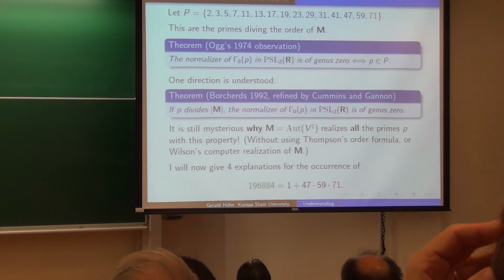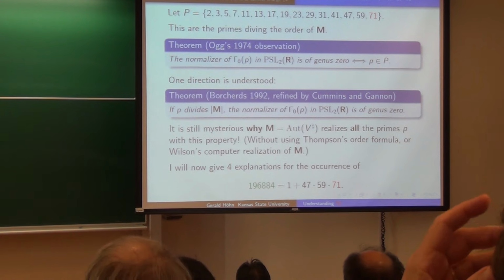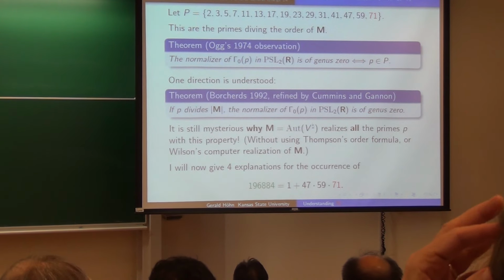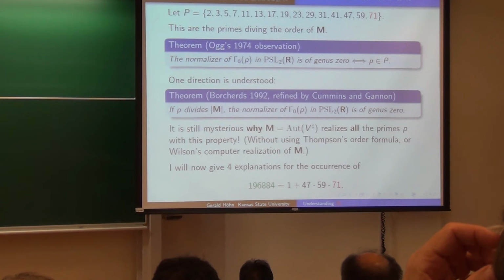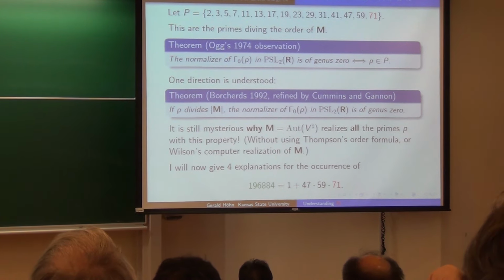If you look at the primes p dividing the order of the monster, then it was already observed in 1974, before the monster was constructed, that these are exactly those primes for which the normalizer of gamma 0 p is of genus 0, so this means that the corresponding Riemann surface has genus 0.